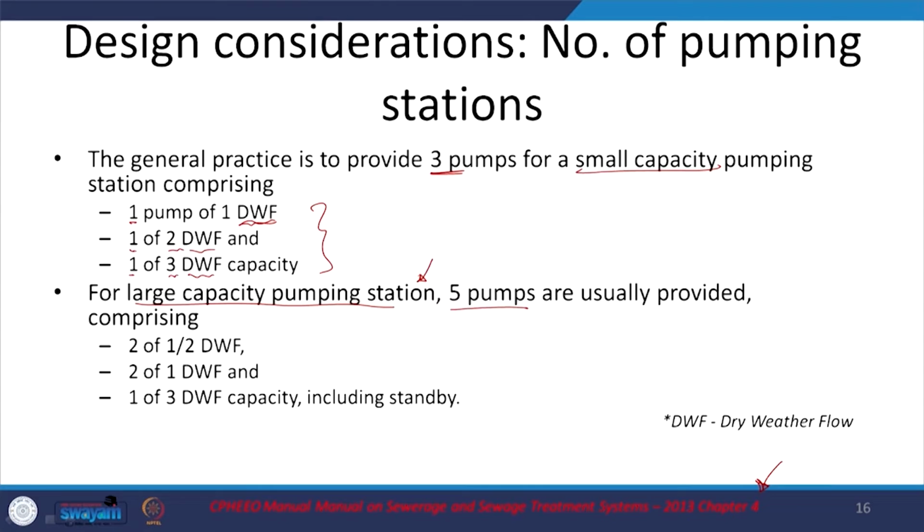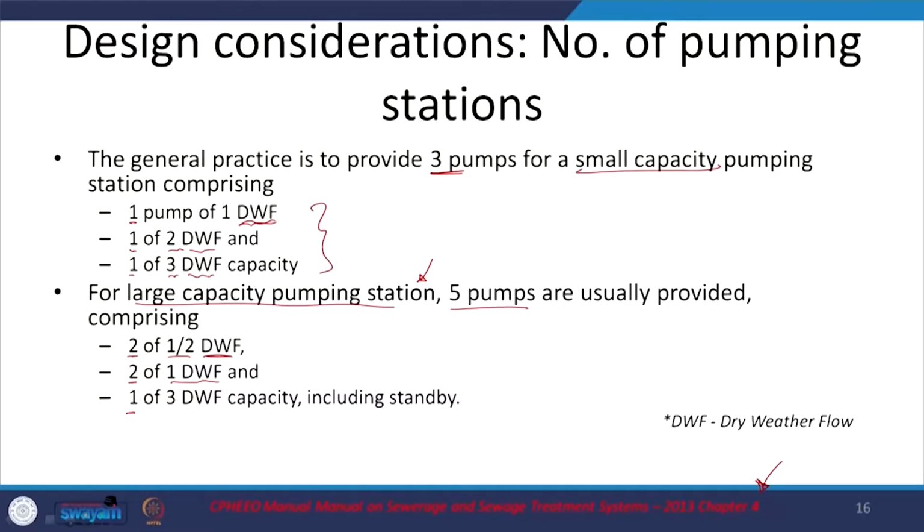And again, what do we have here? The 2 will be of half capacity, such that they can handle half the dry weather flow, and 2 will be such that each can handle the dry weather flow capacity by itself, right.